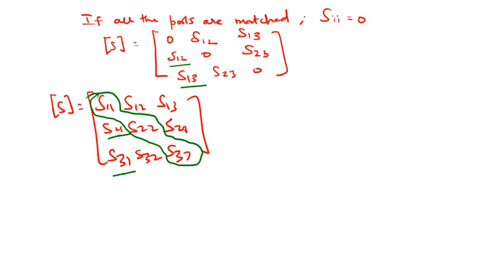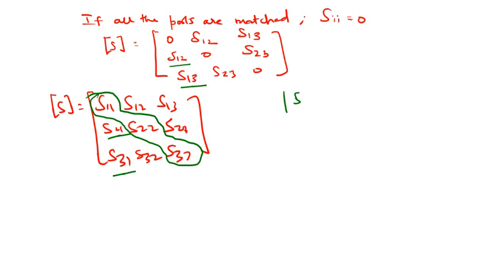So we are getting this matrix now. If the network is lossless, then energy conservation requires that the scattering matrix must be unitary, which leads to the following condition.